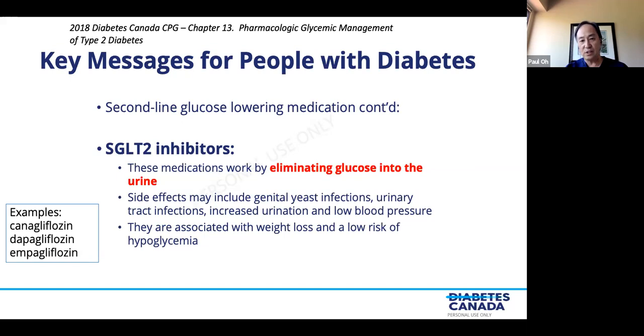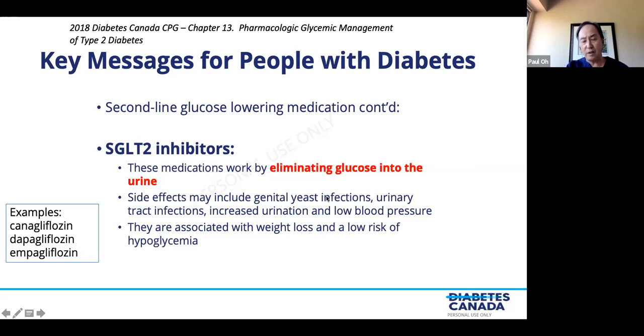And when sugar gets into the urine, that can be effective for lowering the overall body sugar content. But one of the side effects that may happen if there's a lot of sugar coming out in the urine, particularly traveling to the lower parts of the genitourinary tract, is that they may encourage yeast growth and bacterial urine infections and cause us to urinate a whole lot more. Some of this can be helpful, but some of this can be a nuisance.